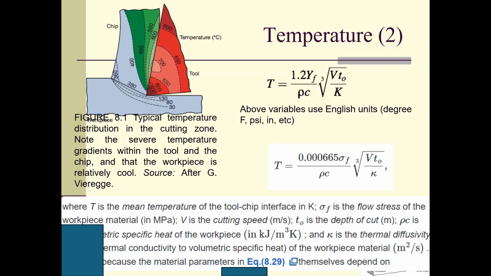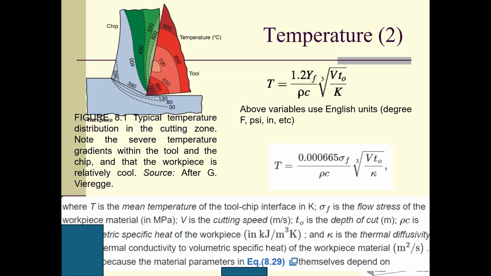For this equation, the temperature is in Kelvin, and sigma F is the flow stress of the workpiece material in megapascal. V is cutting speed in meter per second, and T0 is the depth of cut I just showed you.